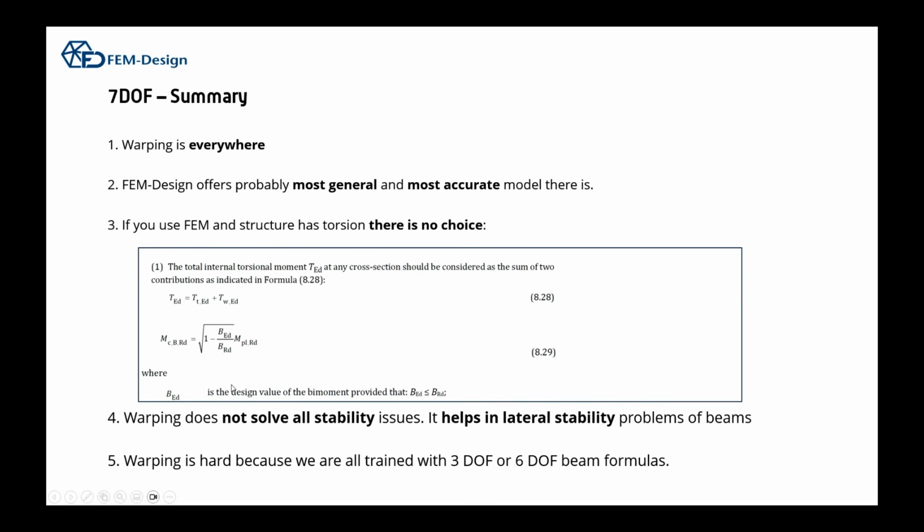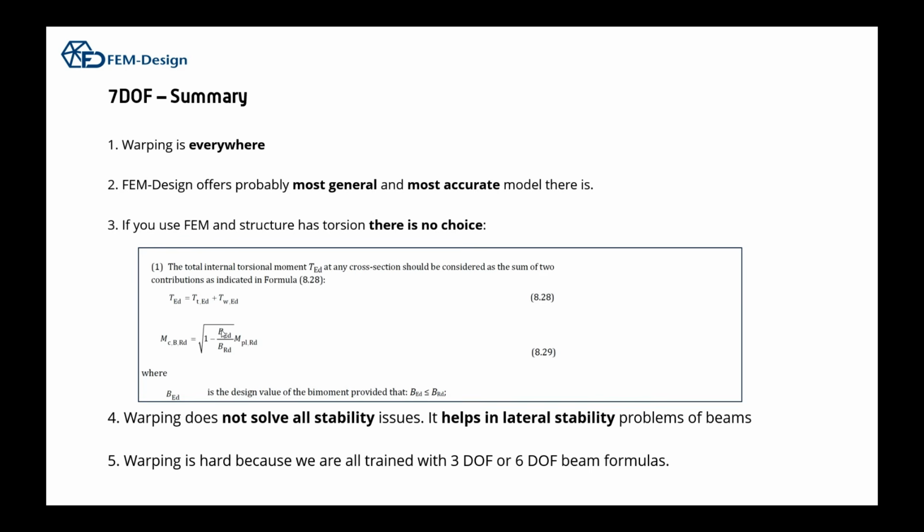In the new Eurocode, there's a bimoment B in the design formula. So in complex situations, you have to get the bimoment from somewhere. A finite element model with bimoments, or 7 degrees of freedom, is the way to get the bimoments out of the system.